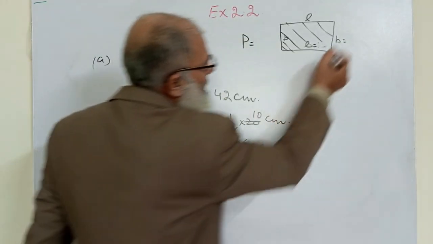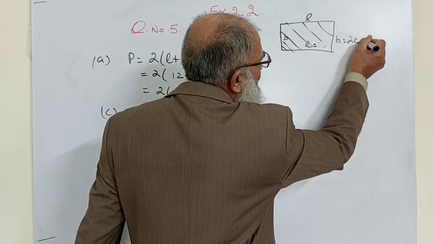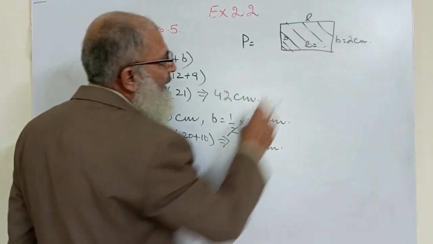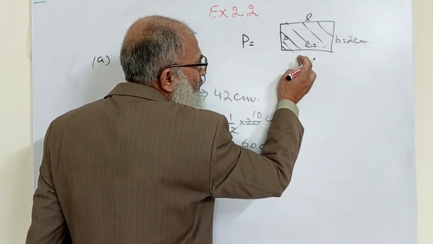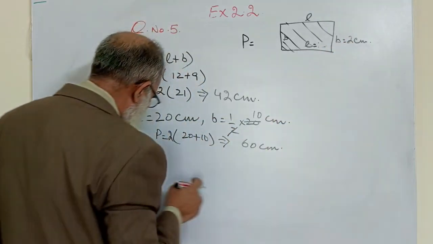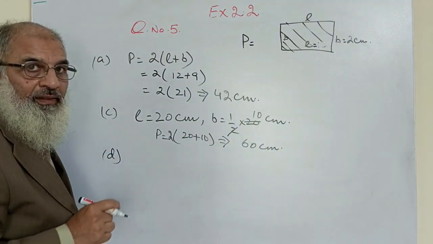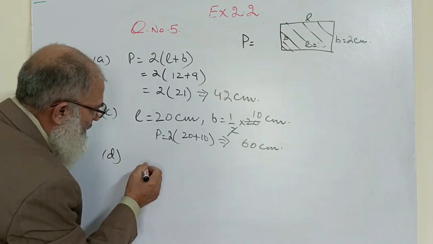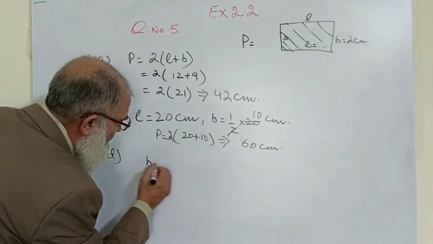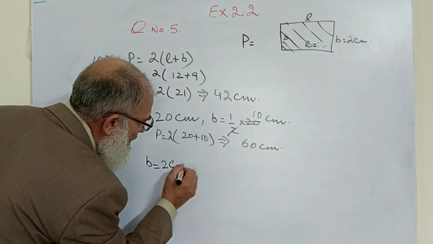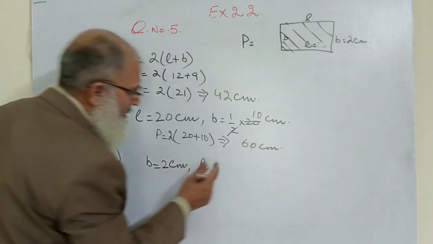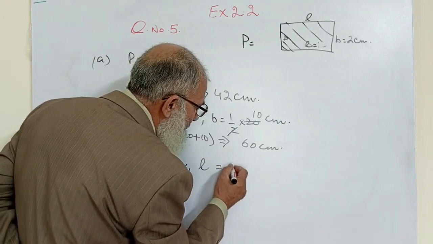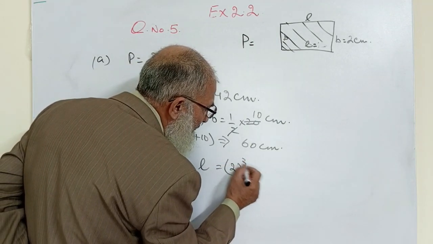Breadth is 2 centimeter and length is the cube of breadth. Now we have to find the length first. Now if B is equal to 2 centimeter and length is the cube of 2 centimeter, now it is 2 cube centimeter.